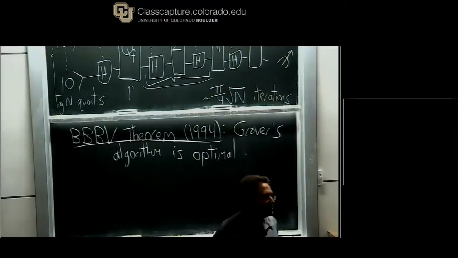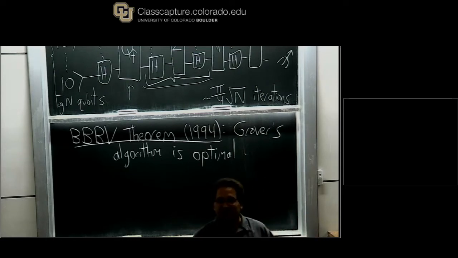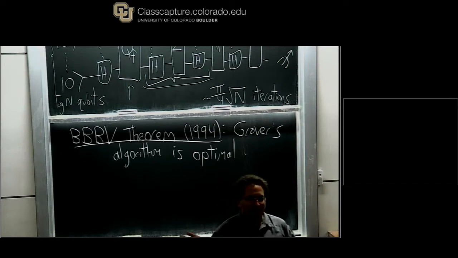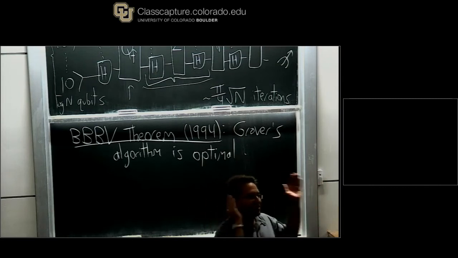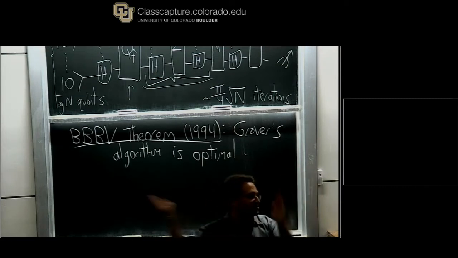Yeah, can't you also go faster if you split your set, like, let's say you split your set in two? Okay, that's an interesting proposal. I invite you to try that and see what happens. You could split your set in two, but then I have to run the algorithm twice, and so the advantage I got by searching a smaller set is actually going to be more than negated by the fact that I now have to classically first search this and then search that.